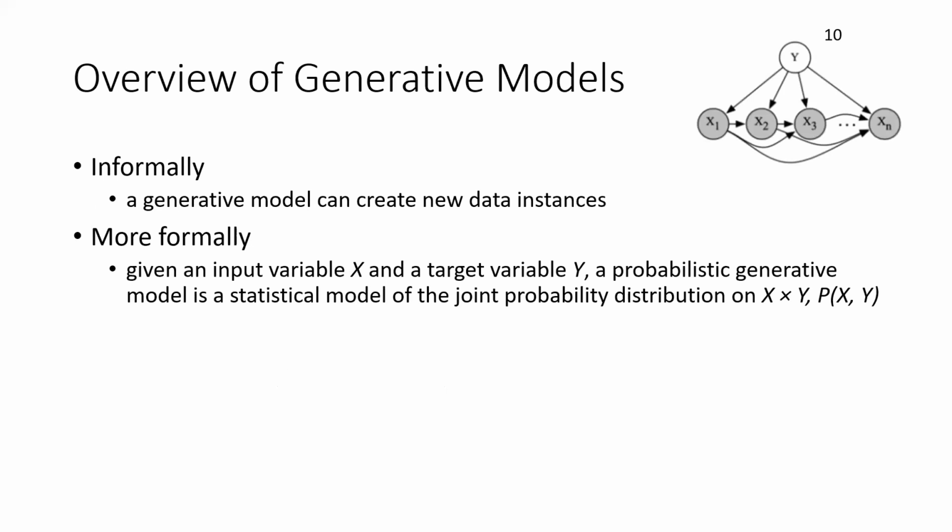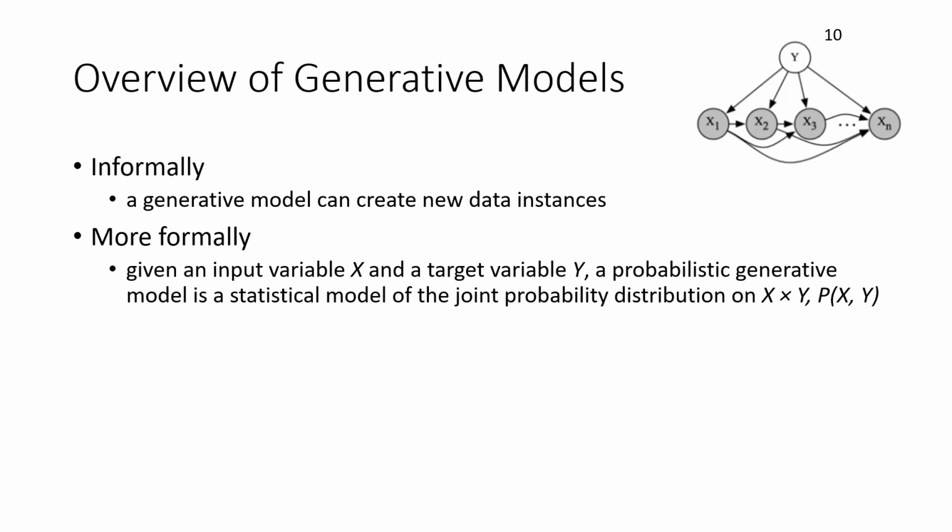So what are generative models? Here, a model is a mathematical function, usually a statistical function, and a generative model is a model that can produce new data instances, and the data here is our input, our X's. More formally, when we talk about a generative model, we assume a model that, given an input variable and a target variable, so X is our input, and Y is our target, the one that we are trying to predict or to find information about.